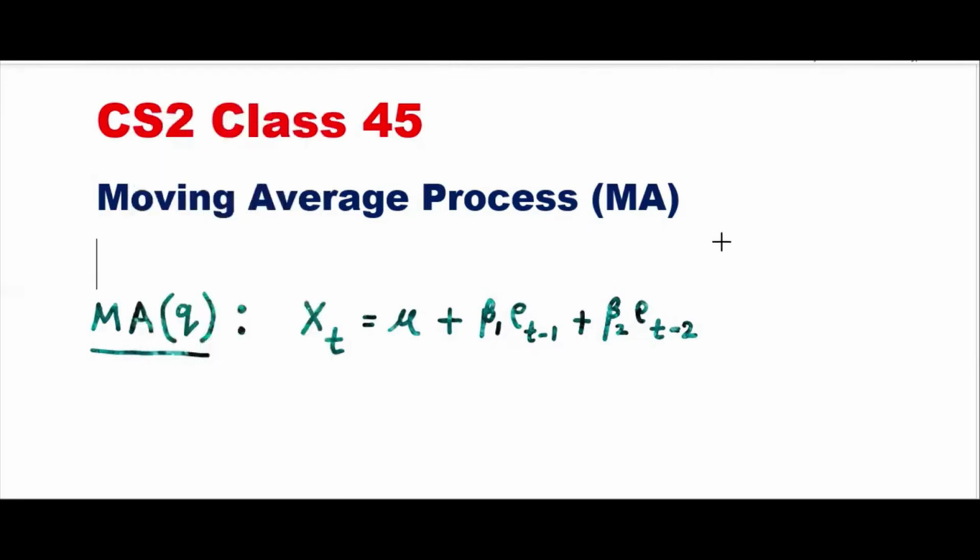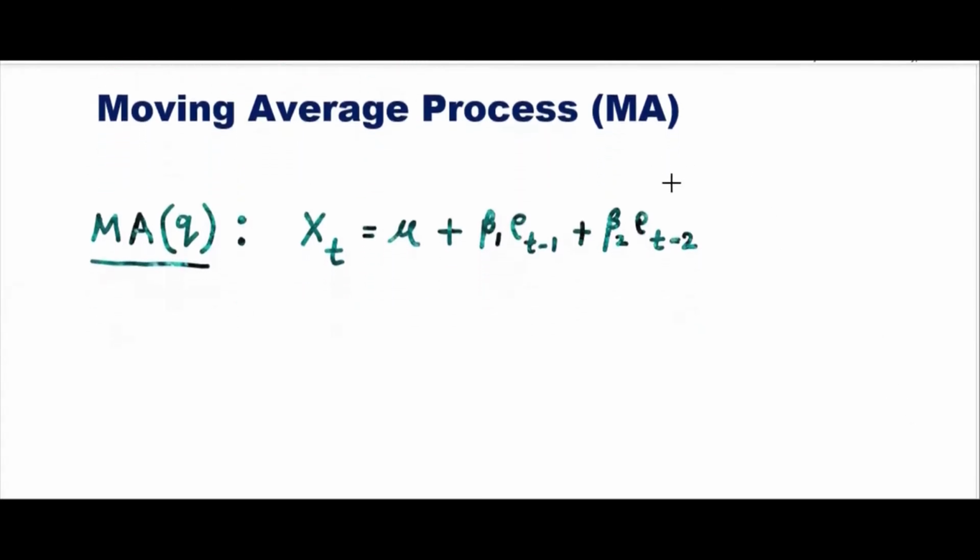Let me insert one line here. Suppose we are here, this is time t minus 1, and you need to estimate the value of Xt at time t, the value of the process you are considering.